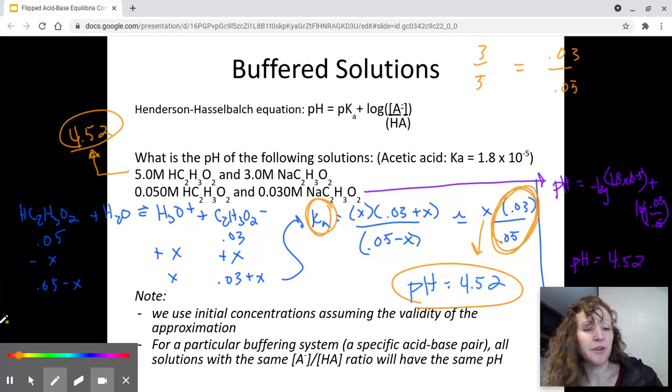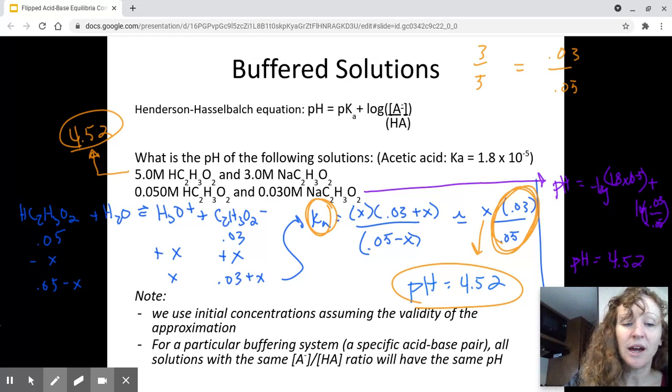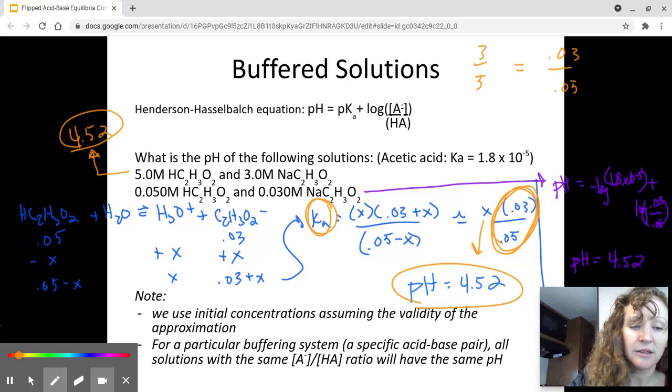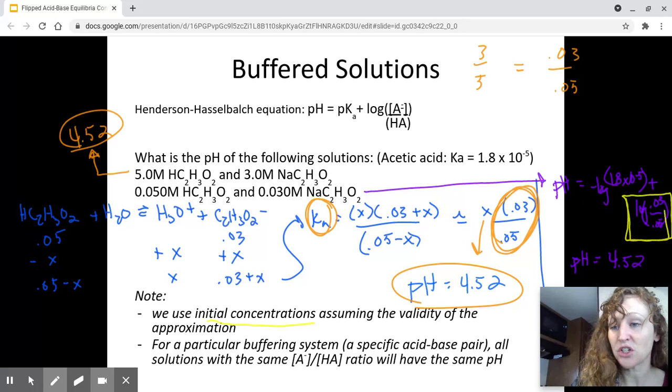Okay, a couple other notes before we move on. Notice that we are using the initial concentrations. So when we are plugging into Henderson-Hasselbalch, notice we plug in initial concentrations because of the same approximation, right? X is going to be small.